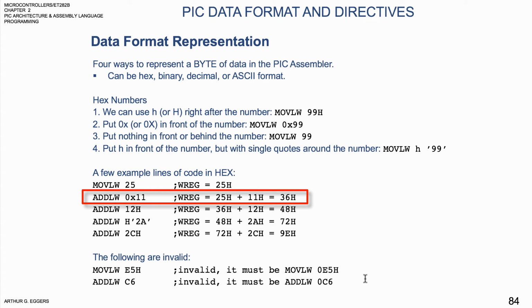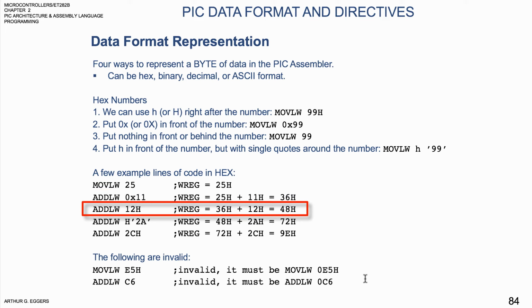The next one, addlw 0x11. Again, we know the working register had 25 already there from the previous step. We're adding 11 hex to the existing 25 hex. We now have 36 hex in the working register.